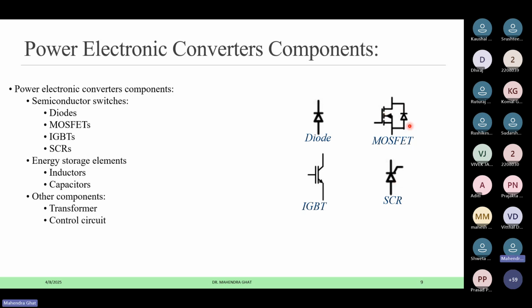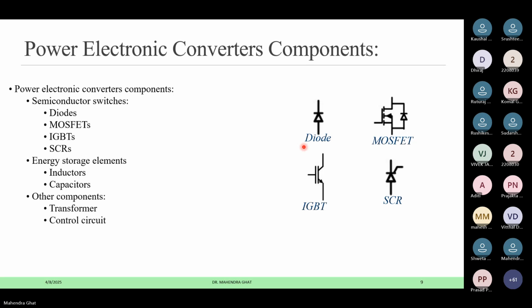But for the MOSFET, when we give the gate pulse, it starts conducting, and if we stop the gate pulse, it stops conducting. So it is fully controlled. The diode is uncontrolled, the SCR is semi-controlled, and the IGBT is again fully controlled. Like that, different types of switches are used.